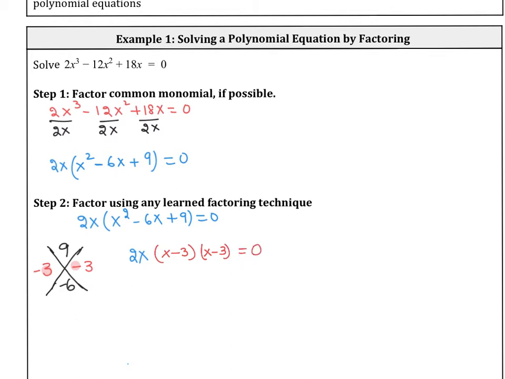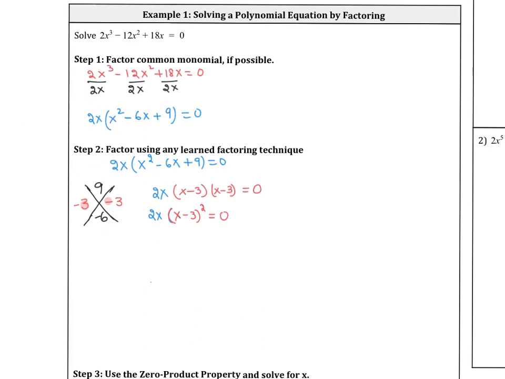Now you can put them equal to 0 one by one, or you can just write 2x times x minus 3 squared equals 0.